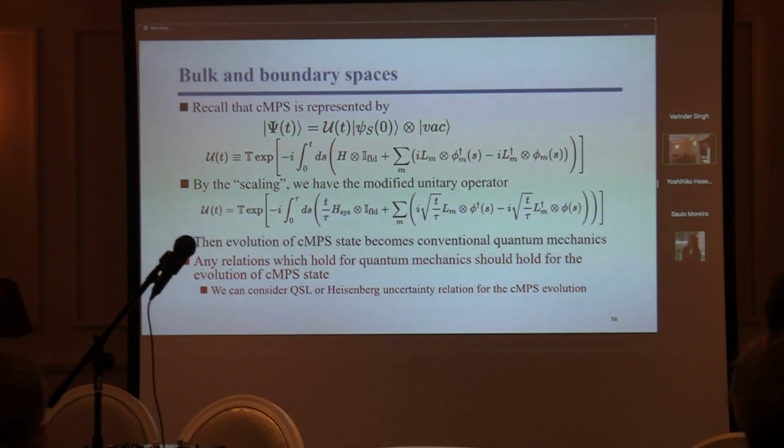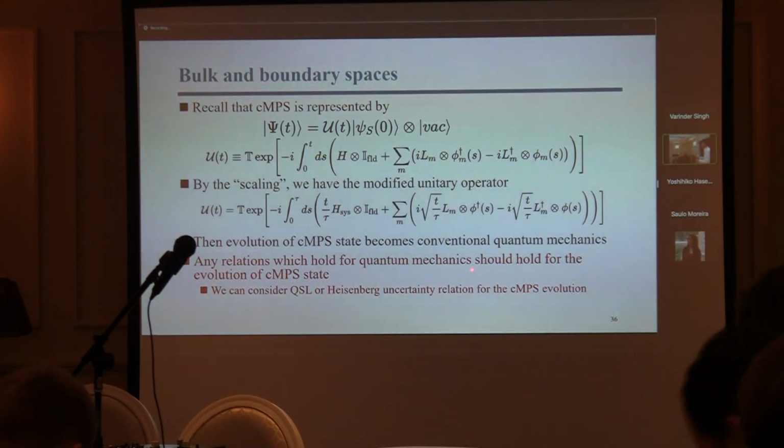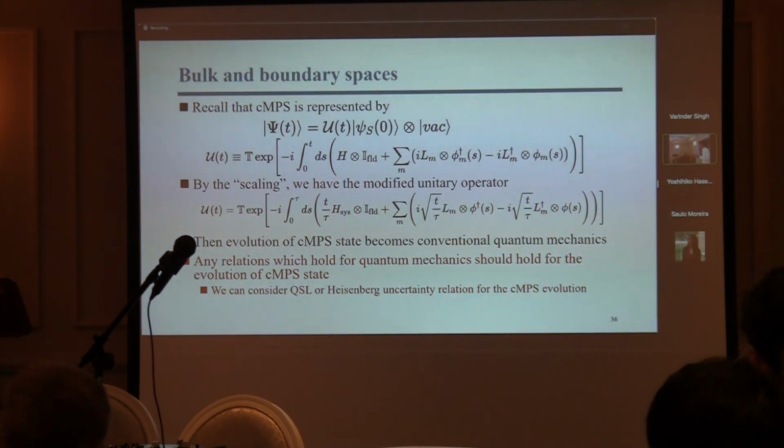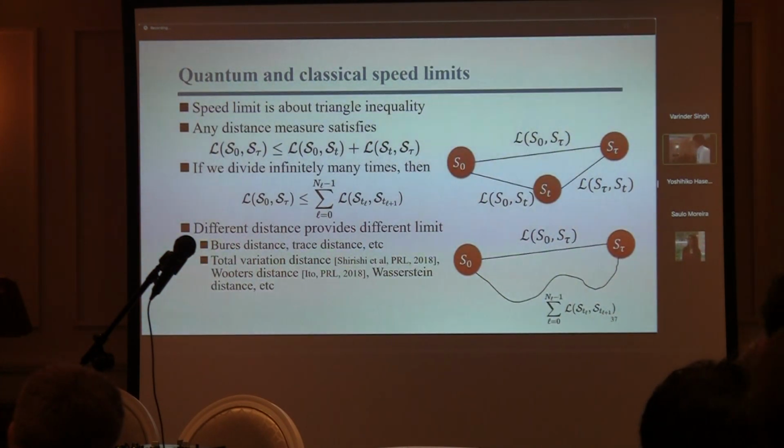And so we can consider, for instance, the QSL or the Heisenberg uncertainty relationship for this time evolution of the CMPS state. So let us start with the speed limit, applying this QSL to the time evolution of CMPS.